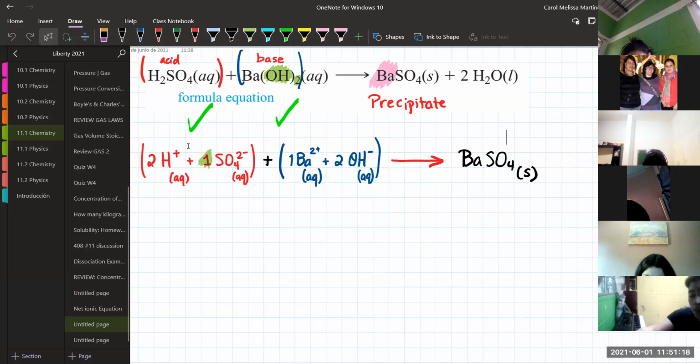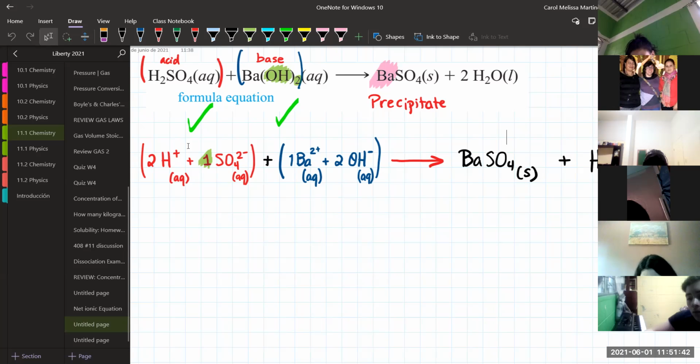And then my water. Water is liquid, which means I won't do the dissociation of it. So I'm just going to write it down exactly the way it was: H2O, and the physical state that is liquid.